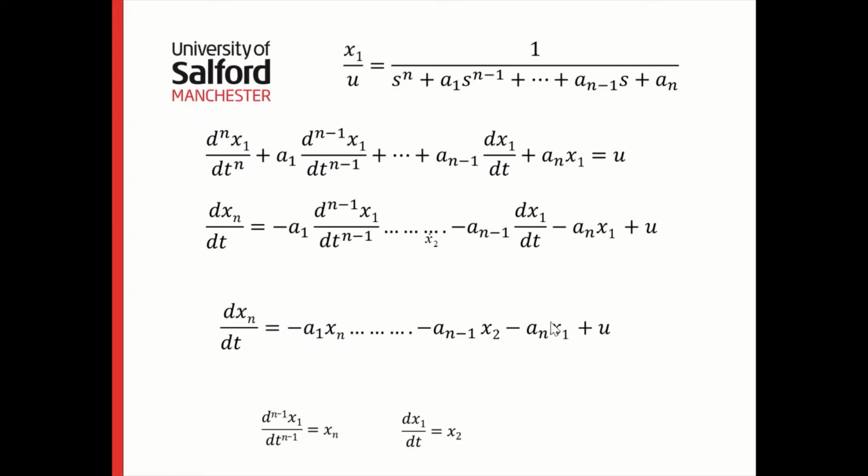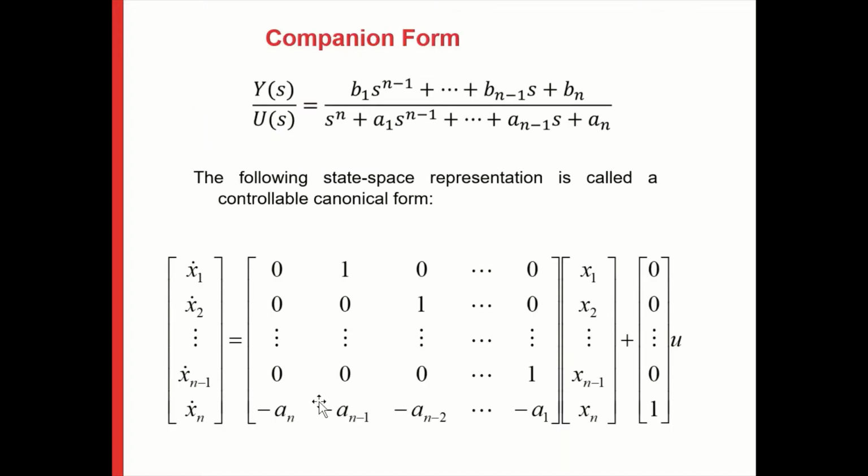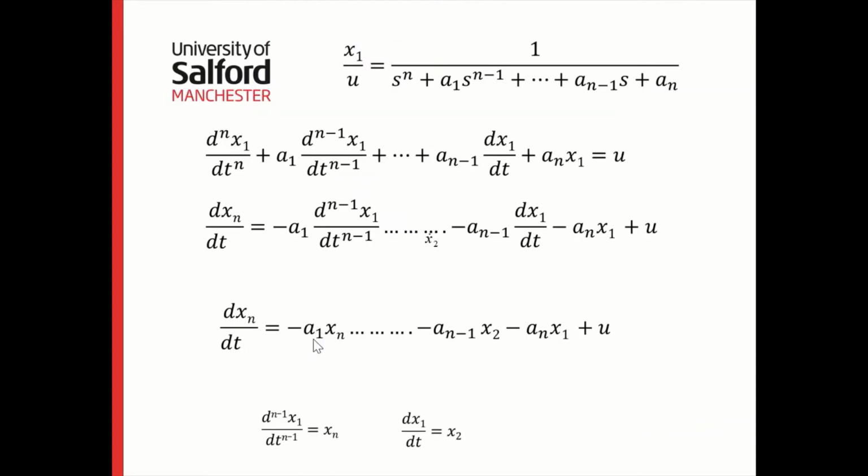So this equation now can form one of the equations in the bigger state space equation, and it forms the bottom line here. So we get xn dot is minus an x1 minus an minus 1 x2 minus an minus 2 x3, and so on, minus a1 xn, plus u. So this line here, notice the negative signs in here, and the an is associated with the x1.